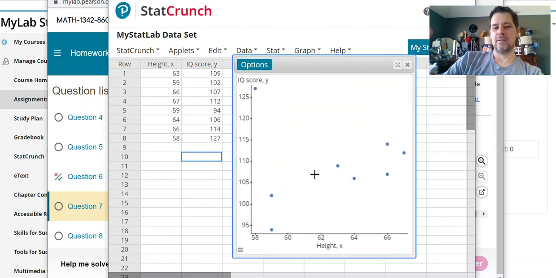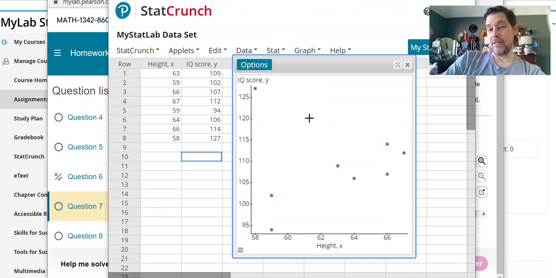I mean, maybe these points look roughly like a weak positive correlation, but this point we would call an outlier, because if there's a trend among these, this one is for sure an exception to the trend, and that's what an outlier is.